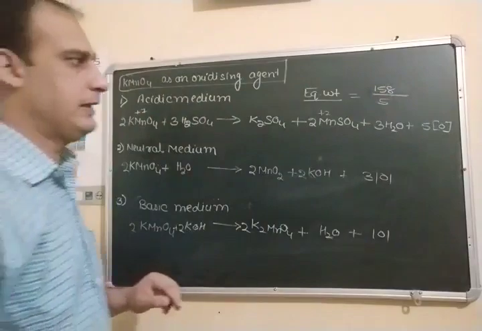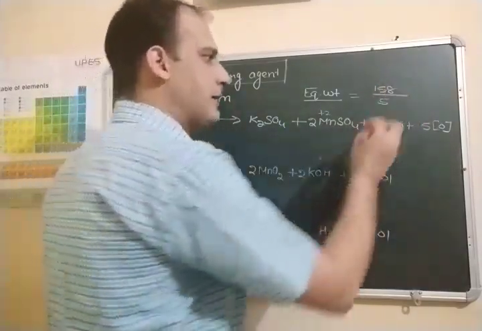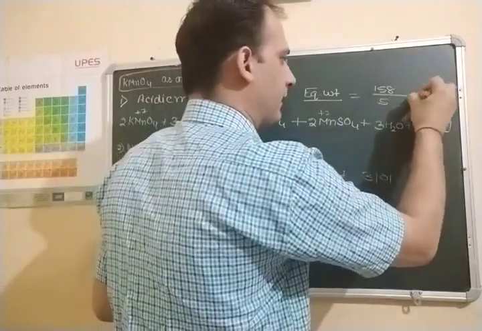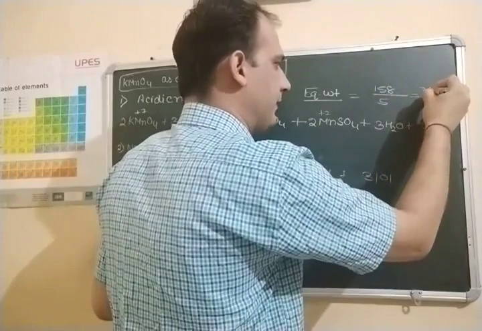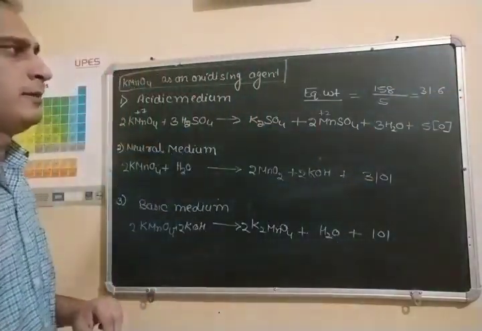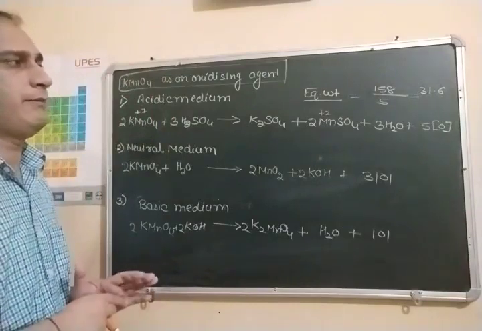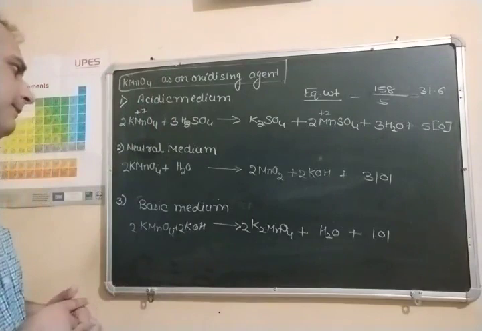So the equivalent weight you can calculate: 158 by 5. So you will have 31.6 gram per equivalent. So the equivalent weight of KMnO4 in acidic medium will be 31.6 gram per equivalent.